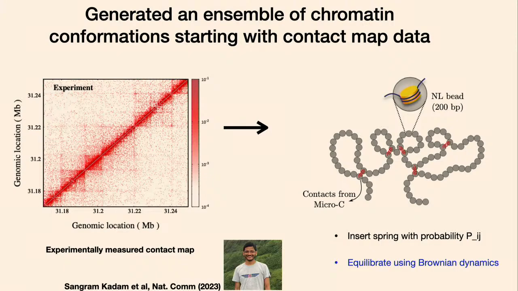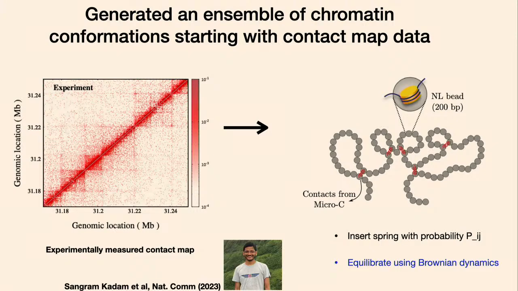One of the models is the following: we generate an ensemble of static chromatin conformations, and the average of those conformations should give you this contact map. We have a particular procedure, and the crux of it is that you can put strongly interacting springs, which would bring together faraway beads. For example, this dot would mean I put a spring between these two and bring them together. But the spring is inserted with a probability Pij.